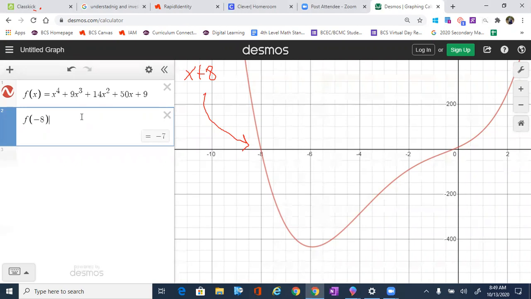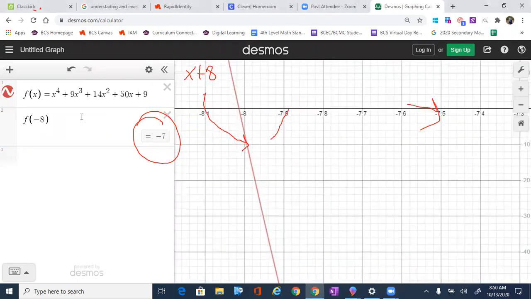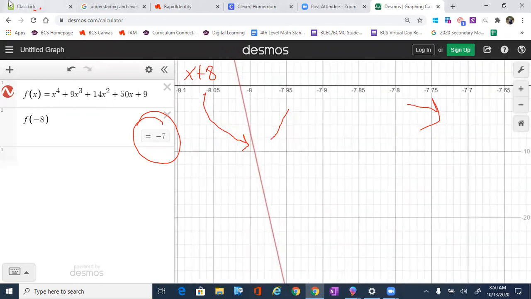So why is it that it looks like it should be a factor? Well, look at the scale over here. It's huge. So if we scroll in right now and get closer and closer into that, you're going to notice, check it out, it doesn't hit directly at -7.